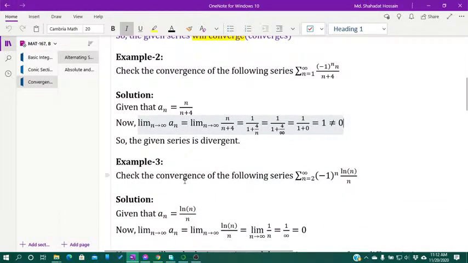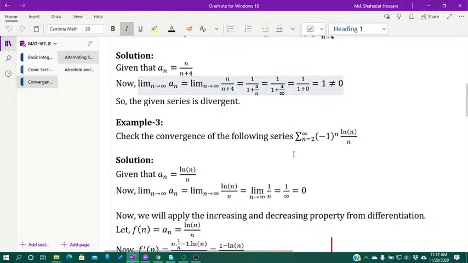Now go to the third example, where we should check the convergence of a series using the alternating series test. Given that a_n equals ln n by n, now as n tends to infinity, the limit of ln n by n, if I substitute infinity in both numerator and denominator, I will get infinity by infinity, so that is an indeterminate form.